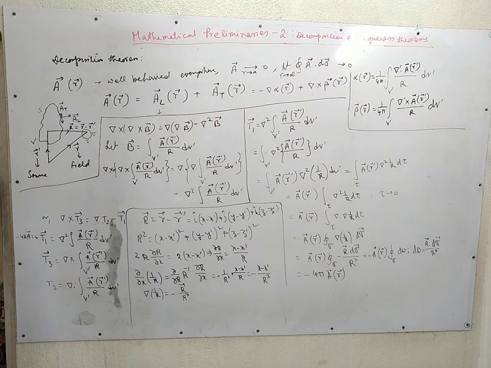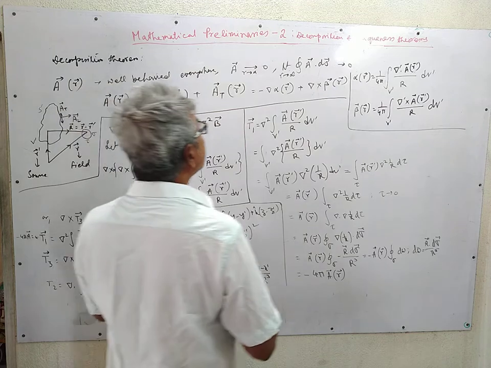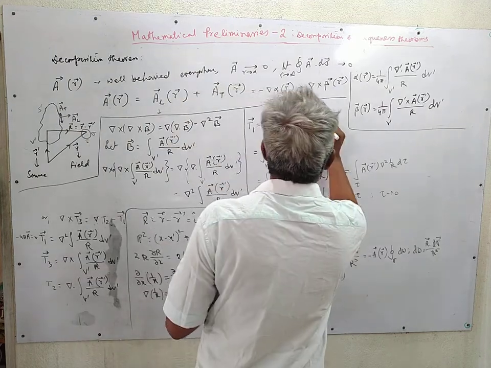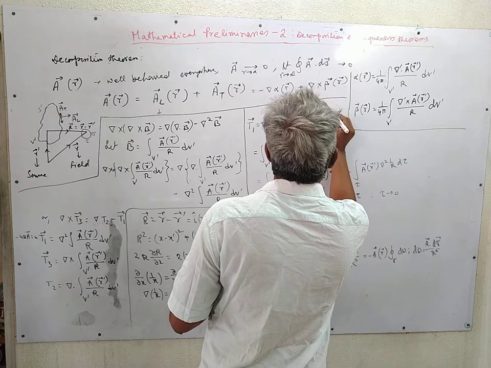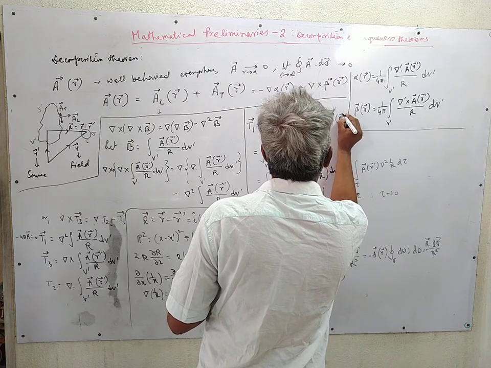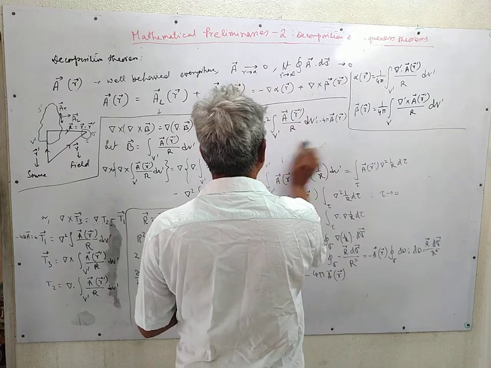It is directly related to the vector field A. So this is equal to minus 4 pi A at R. Now come to the calculation of T2.